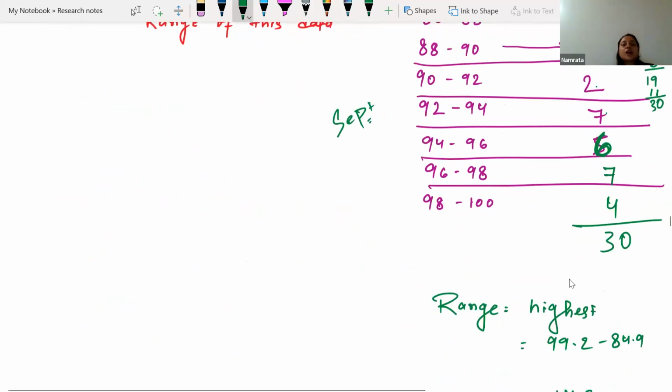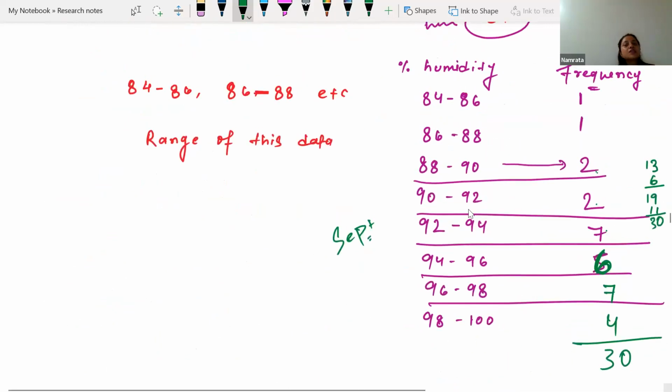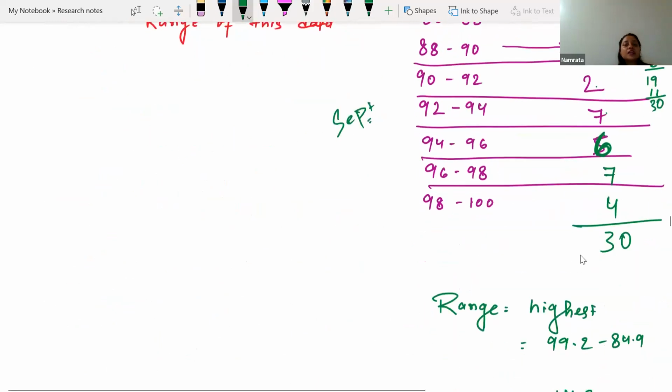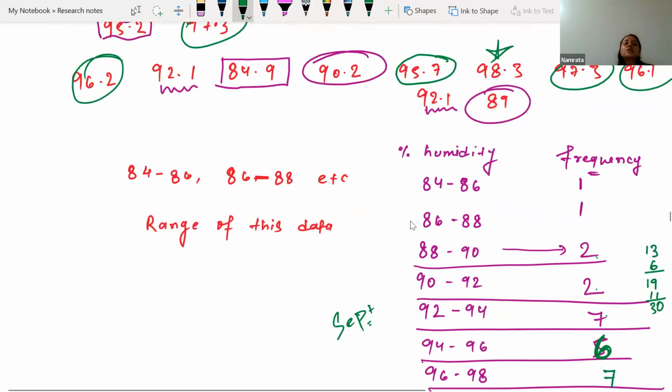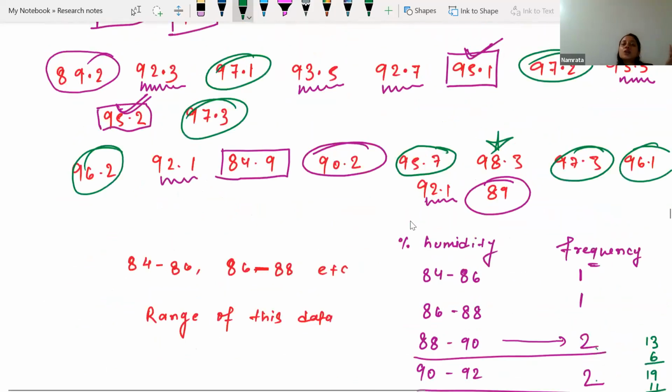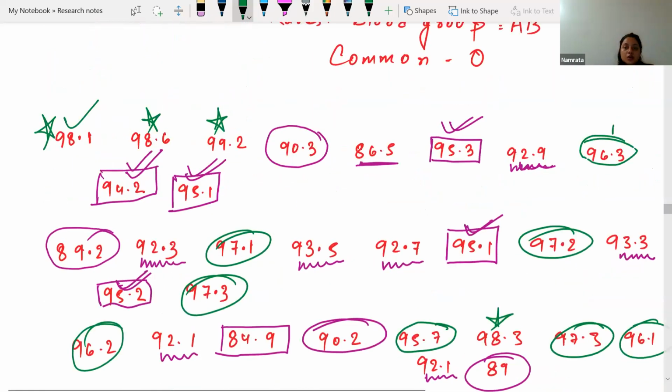Okay. Now, after making the frequency table, just like the previous question, you have to find the range over here. Range means, as I was discussing on day one, the difference between the highest data and the lowest data. So in this raw data, we will be searching what is the highest and what is the lowest.